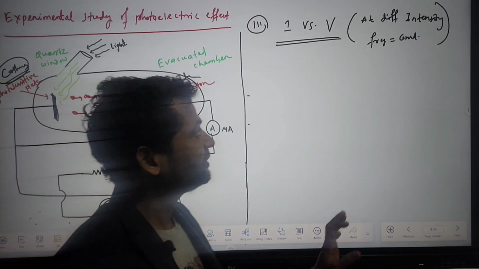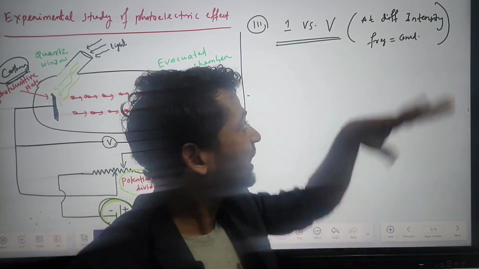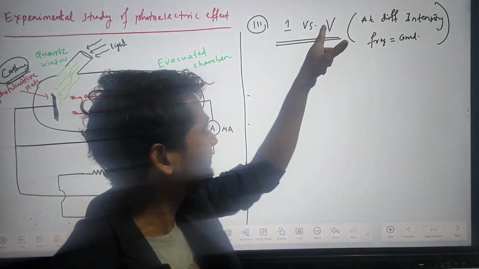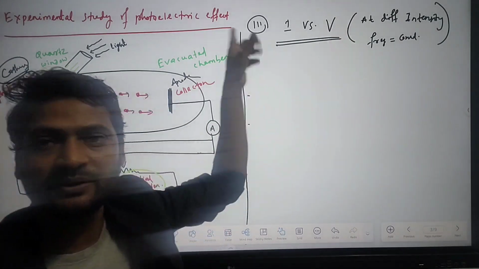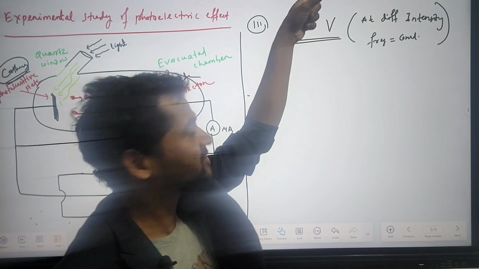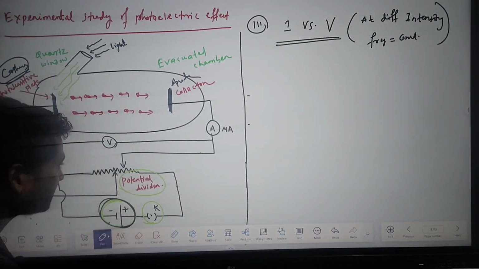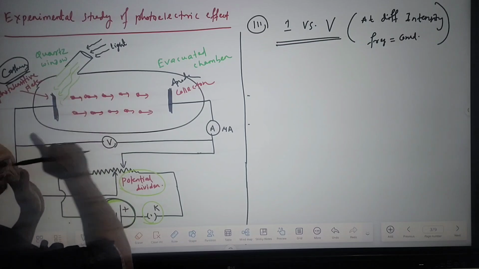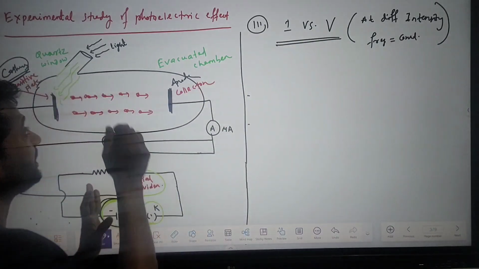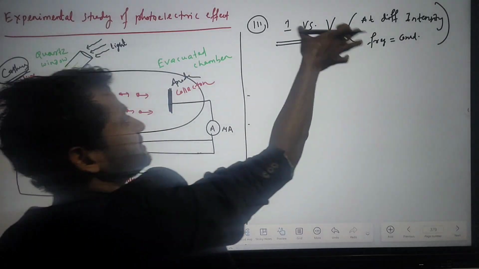Again I repeat, keeping frequency as constant we will take different observations at different intensity. At the same time, if you change the anode potential, what is the variation of current? Very very important. So if we vary this potential, what is the variation of photocurrent? But the condition is keeping frequency of light as constant by changing the intensity. What is the nature?